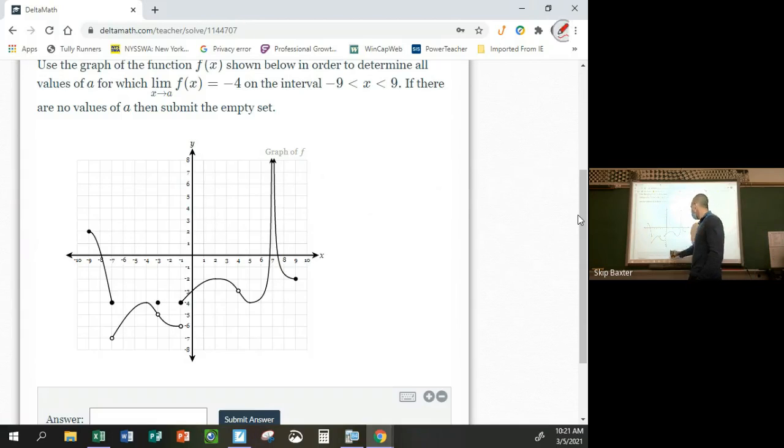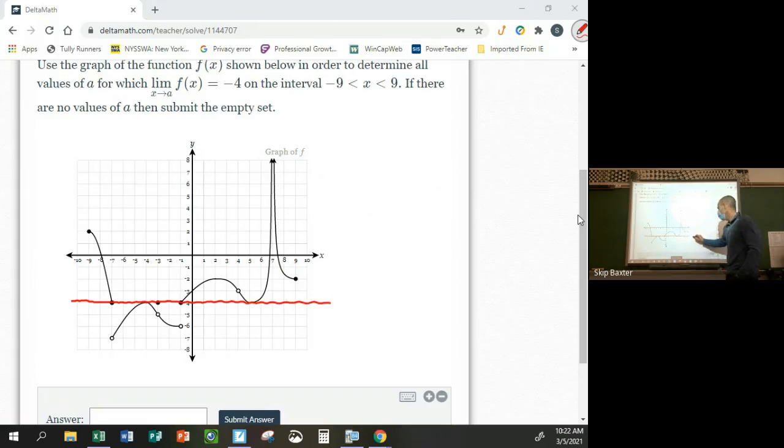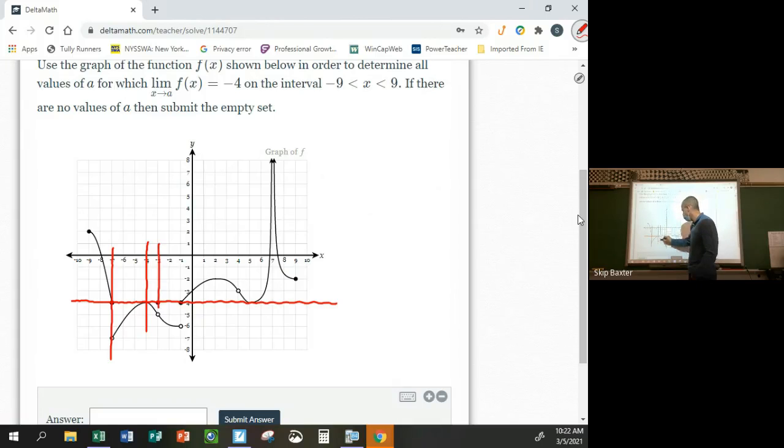So all you're going to do is picture this horizontal line at -4 and figure out what the potential candidates are. The potential candidates are any points where the graph comes into contact with this red horizontal line. Well, where's that? It comes into contact at this point at -7. It comes into contact at -4. It comes into contact at -3. It comes into contact at -1, and then again at 5. Those are the only points that it could possibly be, right?